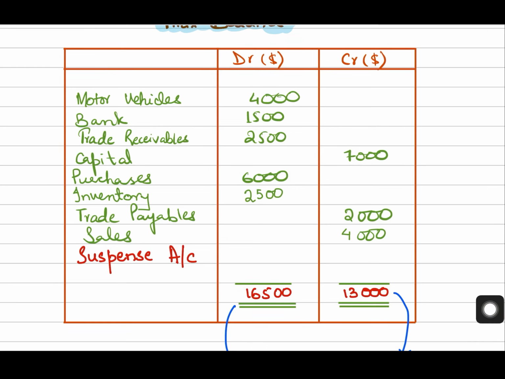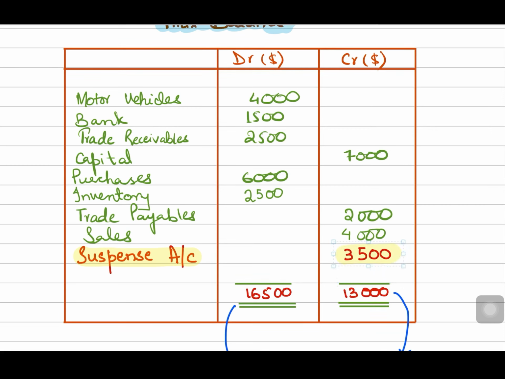So 16,500 less 13,000 would be 3,500, a shortage on the credit side, right? So this value will be inserted on the shorter side with the name of suspense account.